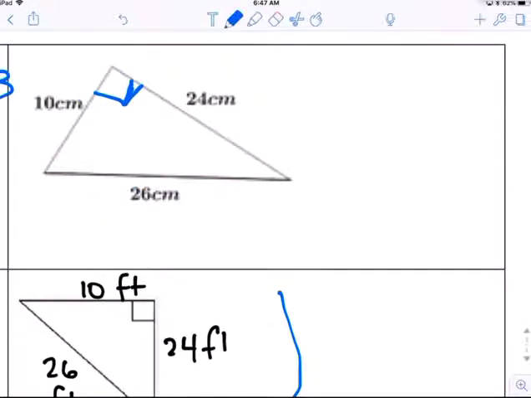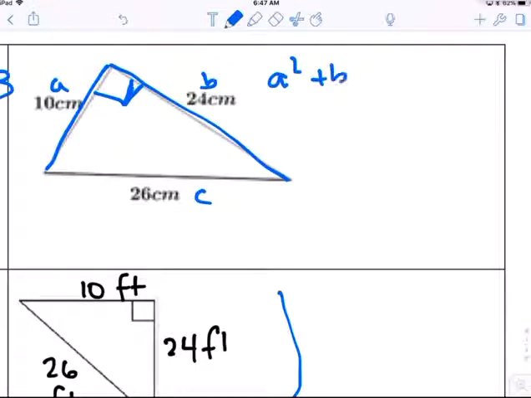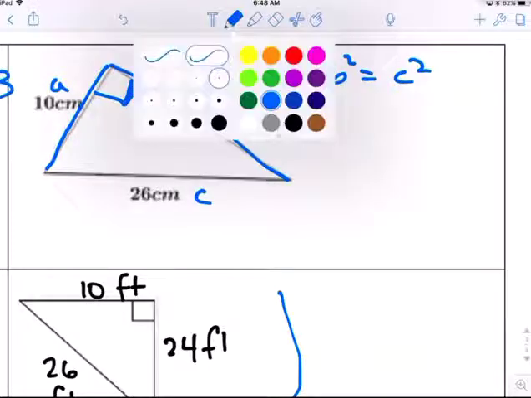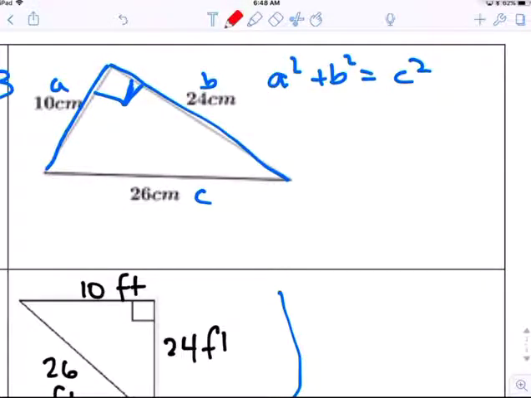This is the 90-degree angle, so right there. Therefore, this is A and this is B, and the one that's not touching the right angle is C. A squared plus B squared equals C squared. 10 squared plus 24 squared equals C squared. 100 plus, I think, 580 something. Let me use the calculator.